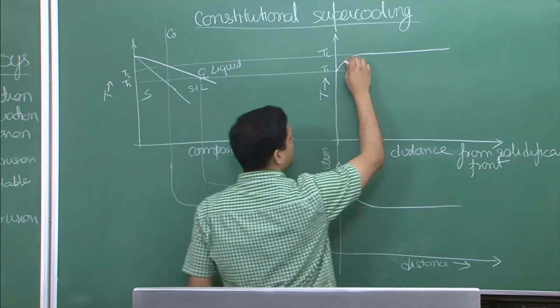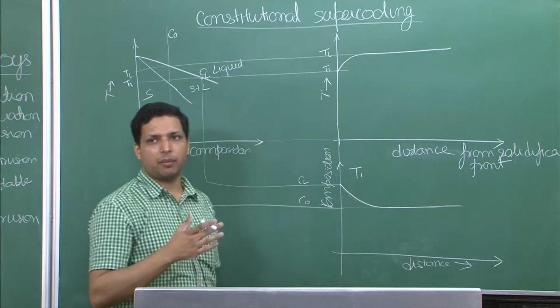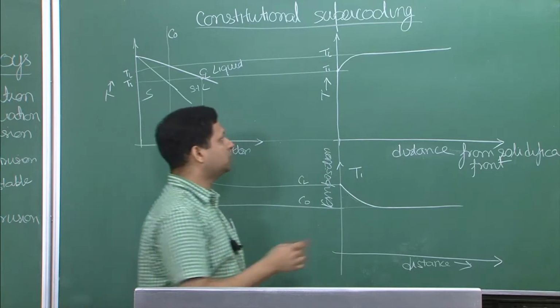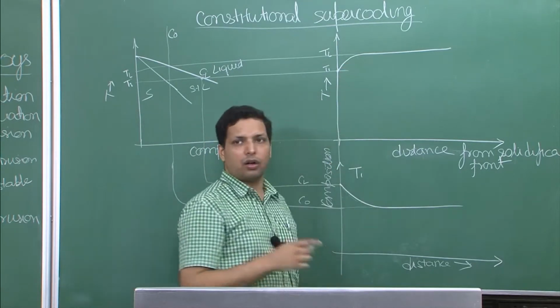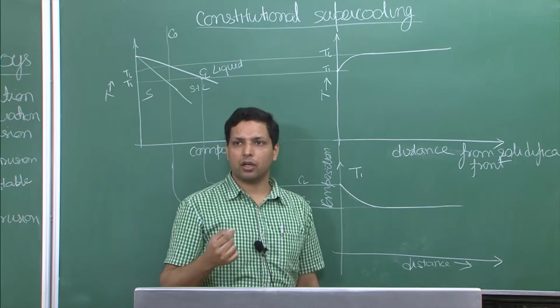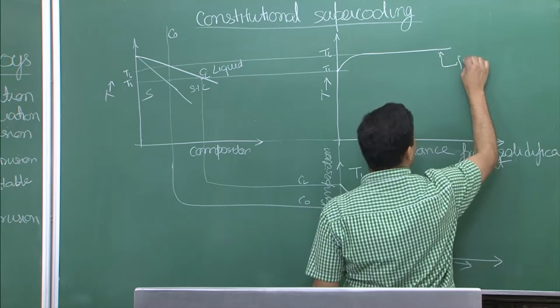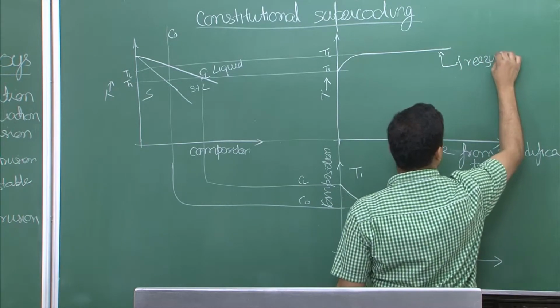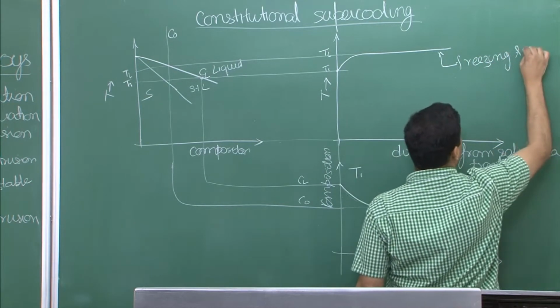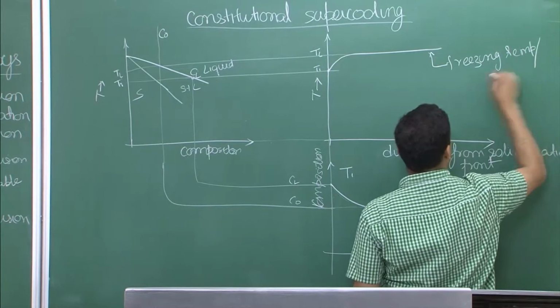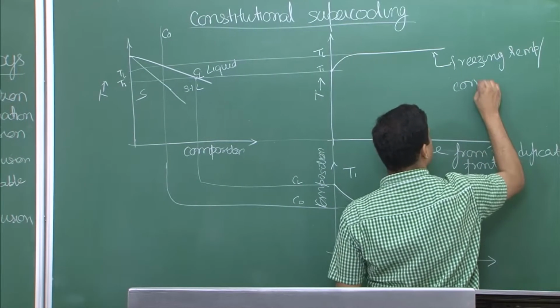Now remember, this is not the actual temperature of the melt, this is just the liquidus temperature for the corresponding composition. So you can even call it freezing temperature, or you can say corresponding liquidus temperature.